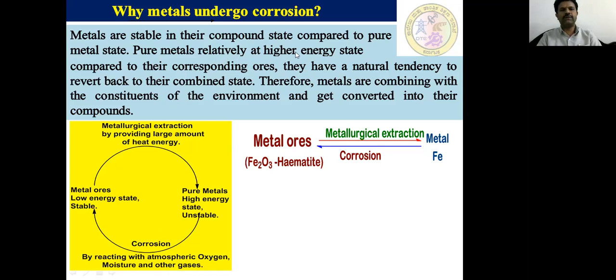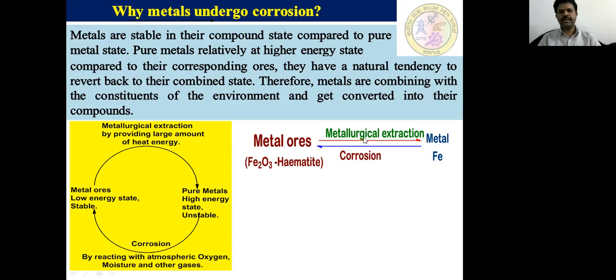Pure metals have a relatively higher energy state compared to their corresponding ores, they have a natural tendency to revert back to their combined state. Therefore, metals combine with the constituents of the environment and get converted into their compounds.